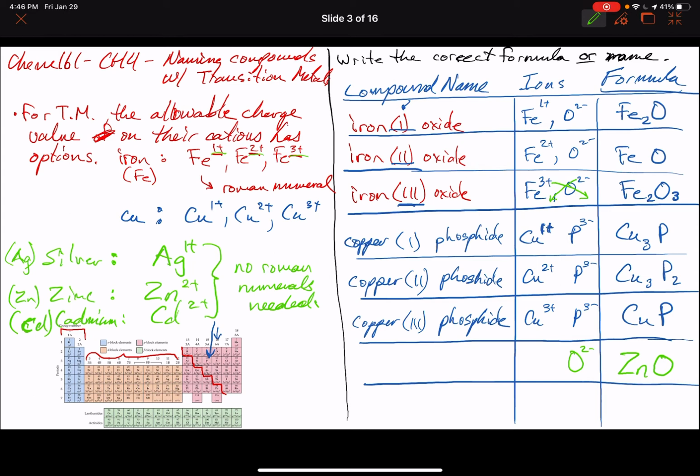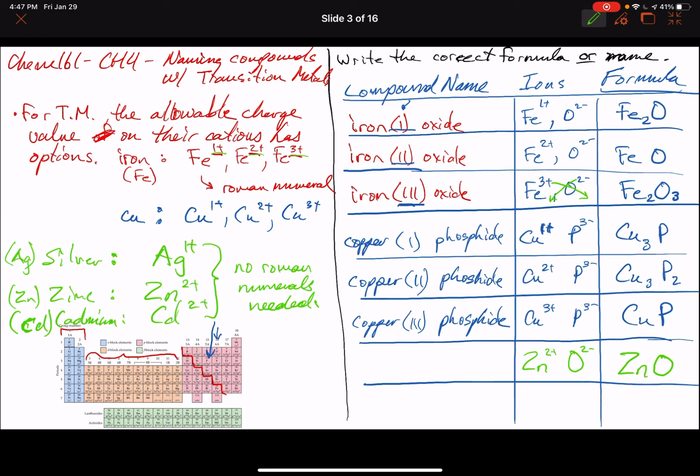Given the formula being correct as simply ZnO, we know that the charge value on the zinc must match. So that must be 2+. Okay, so that's an opportunity to check our work in that we've memorized zinc to be 2+ as well. And so anyway, we can figure out that charge knowing something about an ion that is more common, like oxygen.